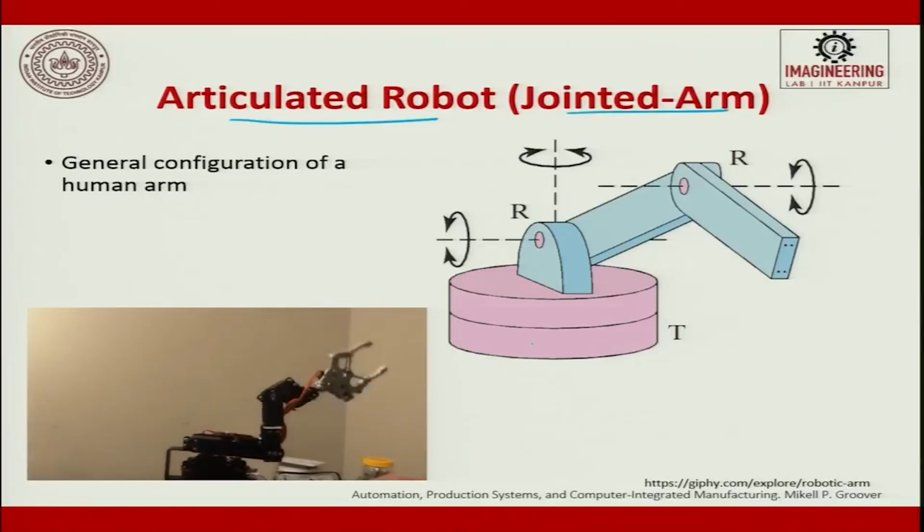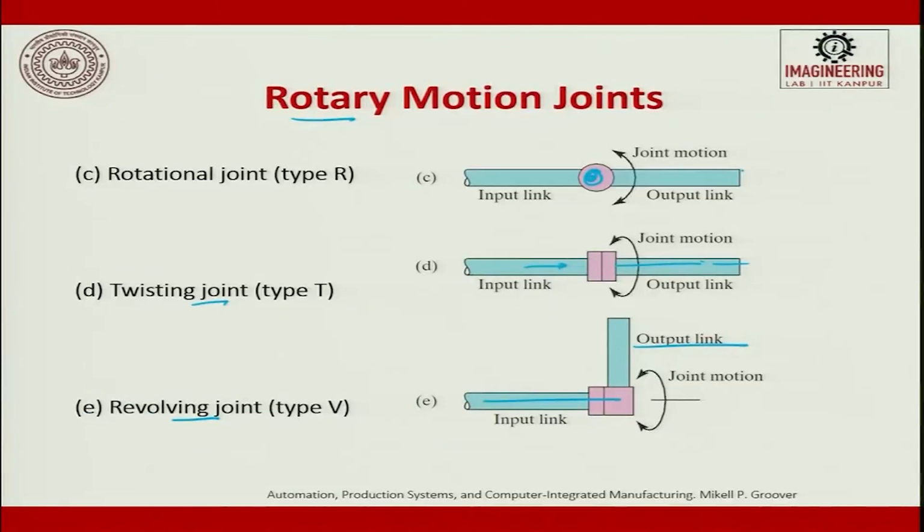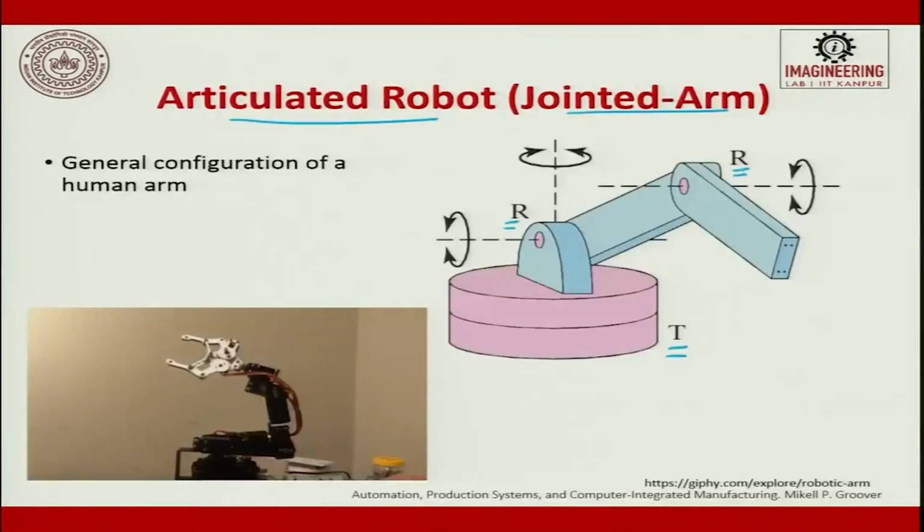You will have a base, and when you see that, please look at the acronym. This is twisting joint, rotational joint, rotational joint. So, if you go back, twisting joint, then rotational, rotational. So, now all the configurations will be written like TRR. That means you have to understand it as twisting, rotational, rotational.